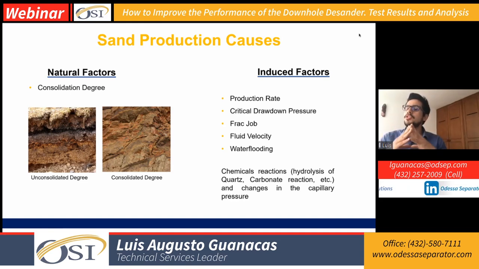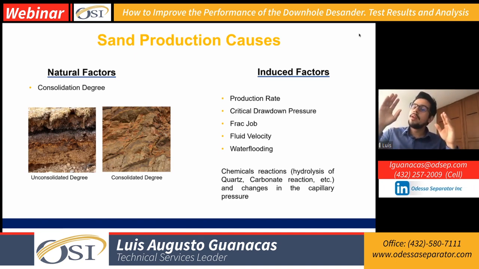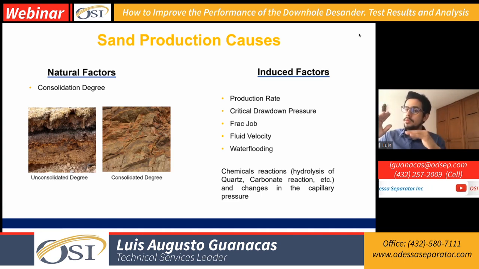Another factor is changes in the capillary pressure. When your water cut increases, your capillary pressure is going to reduce. This makes it easier for the water to move through the reservoir. When the water can move easier, that means it's going to move faster, and when it moves faster, it makes fine migration easier.